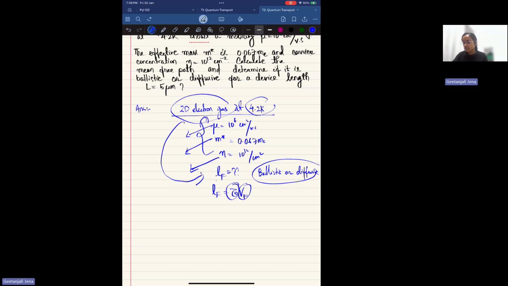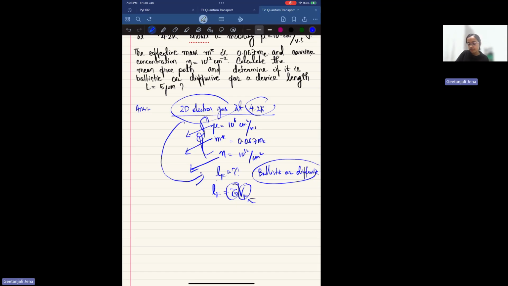We can calculate the scattering time using the given parameters, but we don't know the Fermi velocity of the charge carrier. For that, we need the Fermi wave vector, and if you recall the relation between the Fermi wave vector and the Fermi velocity, then it's possible to find the velocity. But first, we need to find the Fermi wave vector for the 2D system.